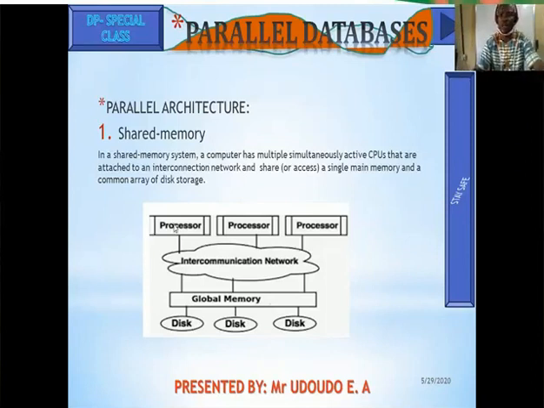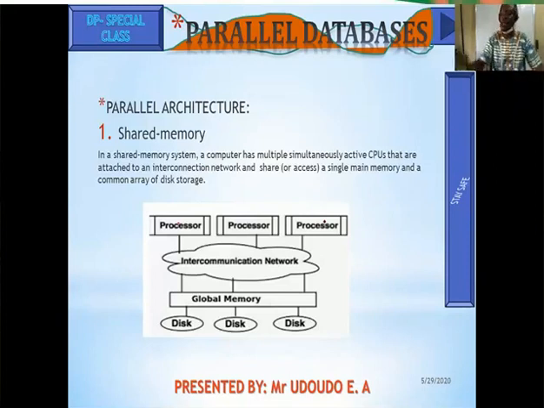You can see processor, processor, processor. I can use the word PC or the word processor. The processor is representing individual systems, and these individual system processors are connected through an interconnected bus or network. It is through the network.